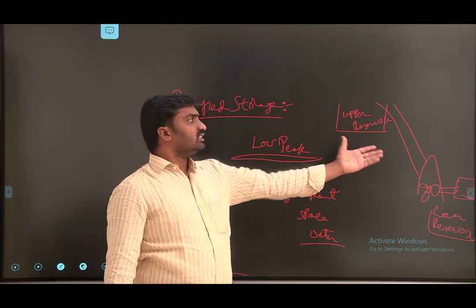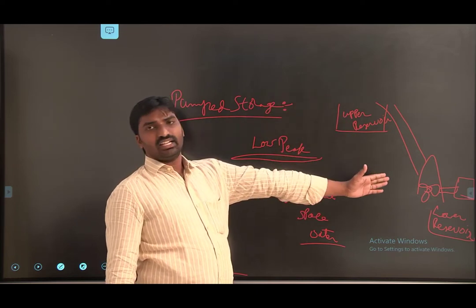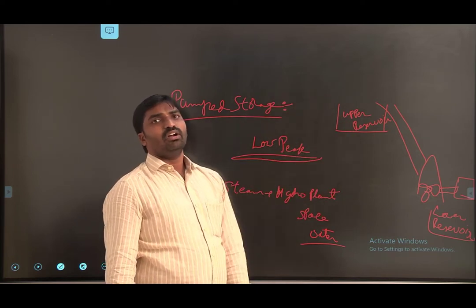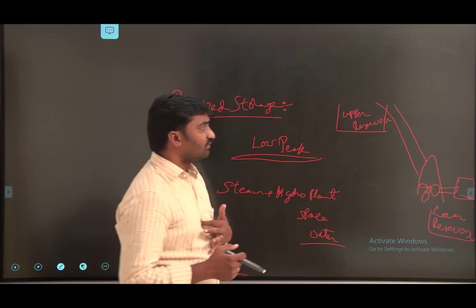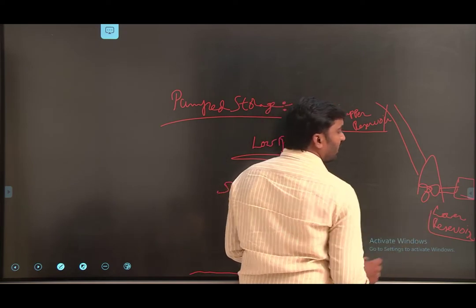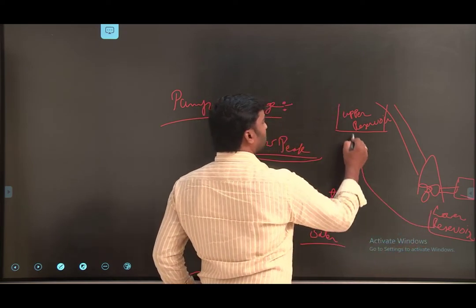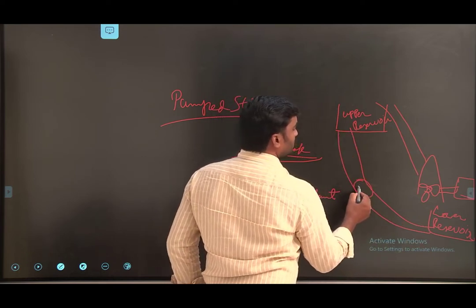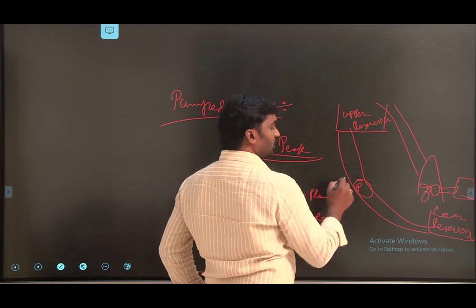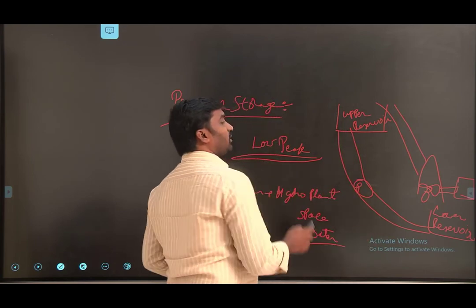In the normal case, if water is available in the flow direction, we generate energy from the upper reservoir. But if we don't have sufficient water flow, what can we do? After the water reaches the lower reservoir, we need to pump it back. So this is the pump house, the pump area. Here we utilize the pump, and by using that pump we can return the water.